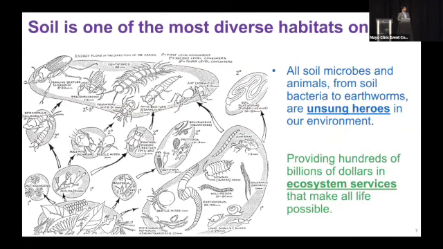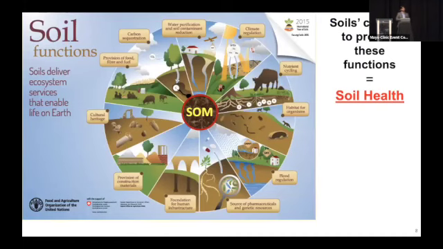So all these organisms, I tell them that they're my unsung heroes. They're constantly working. You cannot see them. They're beneath our feet, but they're providing this $1 billion of ecosystem services, which you might have seen in this kind of wheel, given by FAO, the Food and Agriculture Organization.